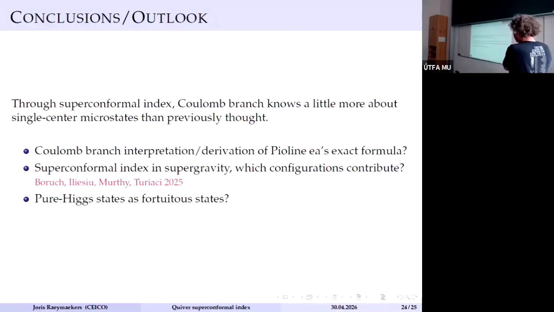Something else, not really related to what I said here today, but which I think would be interesting, is to see if there's a link between this pure Higgs versus Coulomb states and the recent work on fortuitous versus monotone states, which I think in some more supersymmetric cases has been explored, but is not published. But for the models I talked about, it's not yet done. Yeah, I'll stop there.